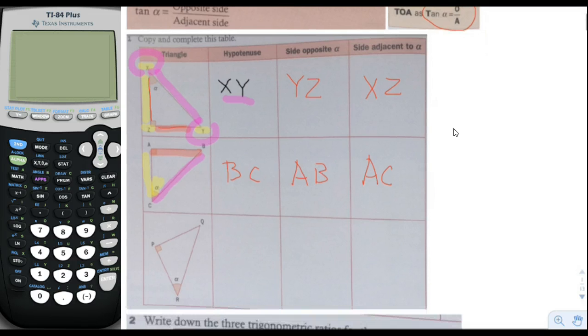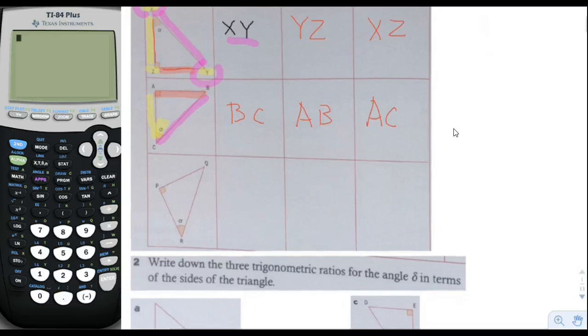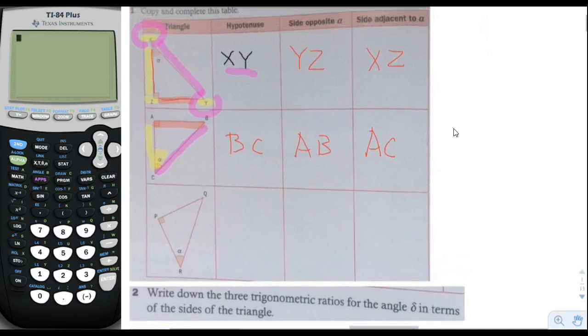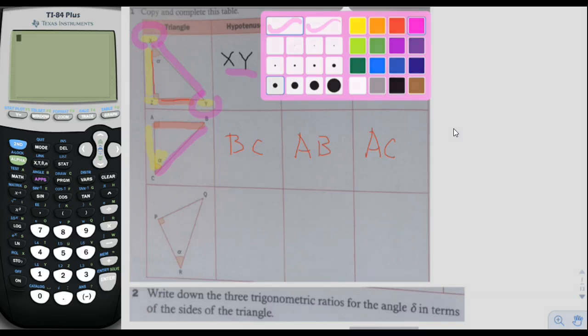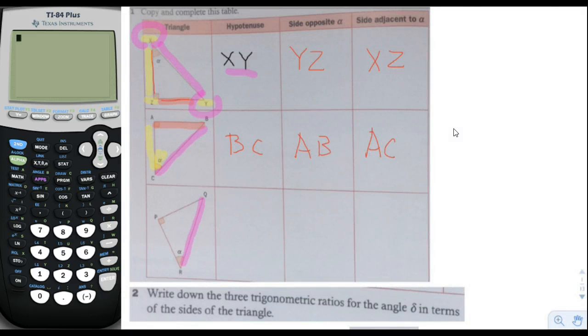Okay. It's important to be able to identify these legs. Legs are the two sides of the triangle that are next to the right angle, as opposed to the hypotenuse. It's important to understand which of the legs is adjacent and opposite because that will help you figure out which trigonometric function you're going to use. So let's identify the hypotenuse again, because that's the easiest one to identify.